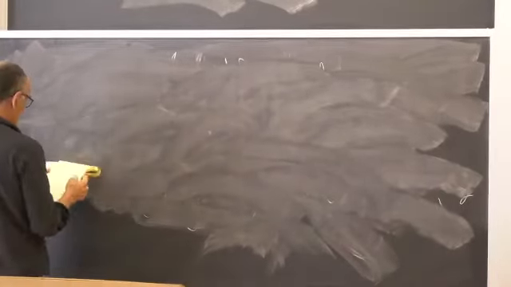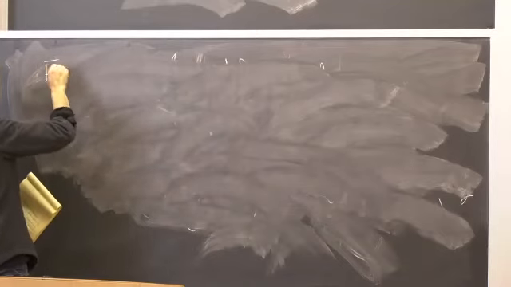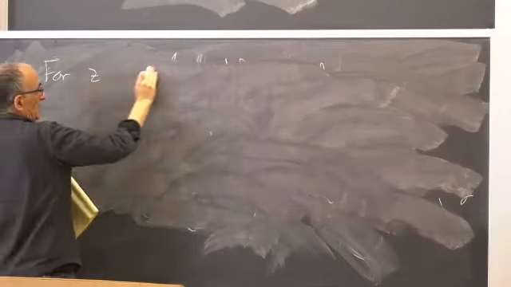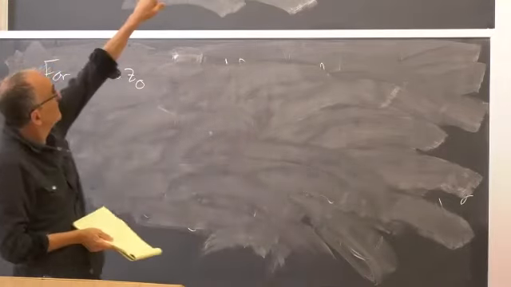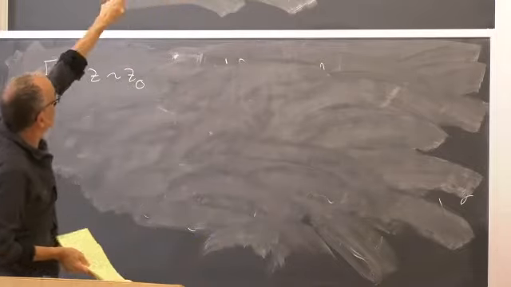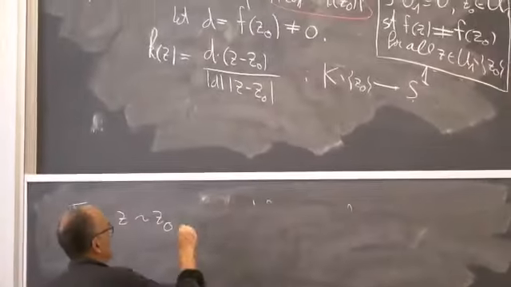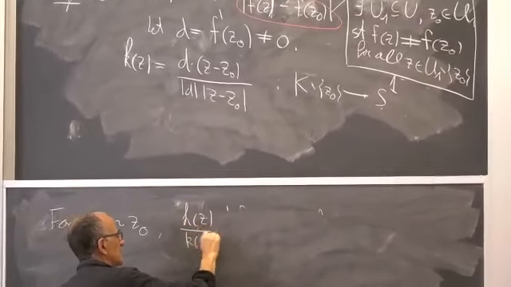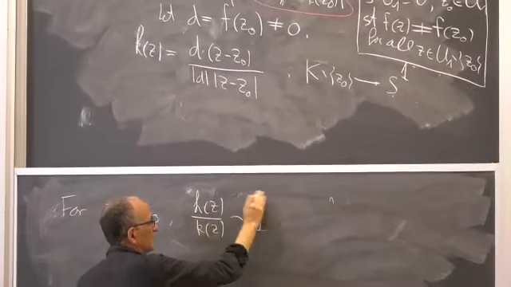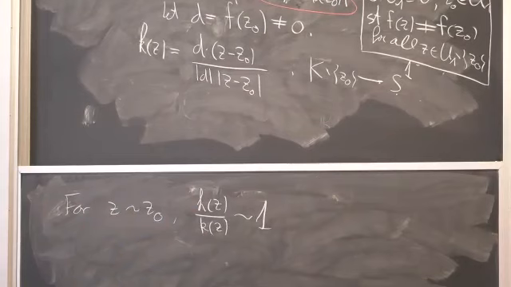Okay. Now, for z very close to z0, because the derivative is d, notice that this quotient, h of z divided by k of z, is very close to 1, because you just get the definition of derivative as you do that.